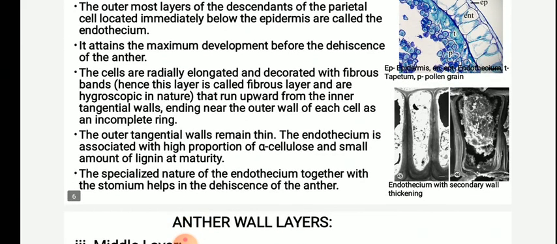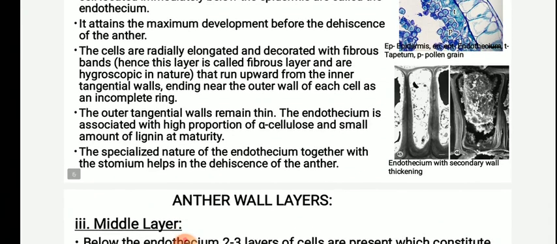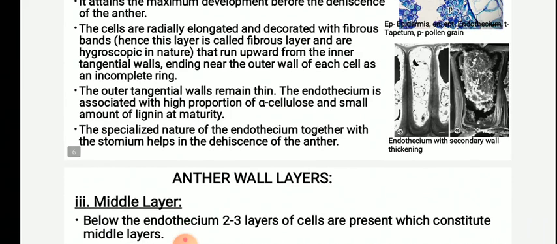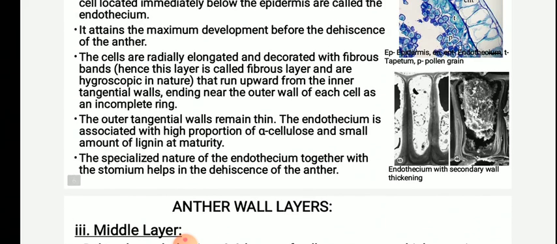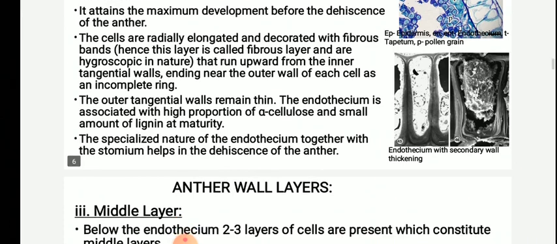It attains the maximum development before the dehiscence of the anther. Endothelium cells are radially elongated and decorated with fibrous bands. Hence, this layer is called the fibrous layer and is hygroscopic in nature. These fibrous bands run upward from the inner tangential walls, ending near the outer wall of each cell as an incomplete ring.